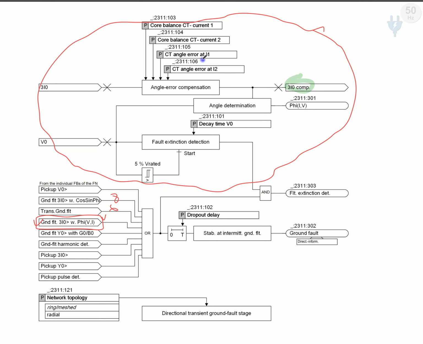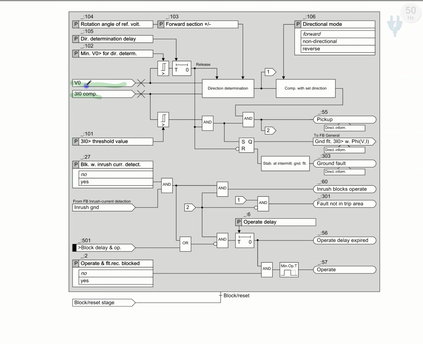This is what we discussed in the first sessions of sensitive ground fault detection methods, that we have some angle error compensation by these parameters. Then we have the V0 and 3I0 compensated values, and these two values are supplied to the direction determination block.